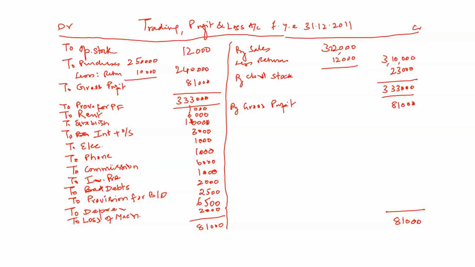So you will get a profit as per workings. I'm doing workings now. Net profit, what you get as such, is rupees 33,000.